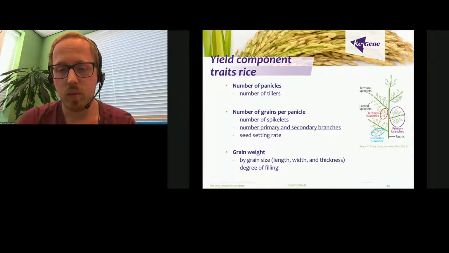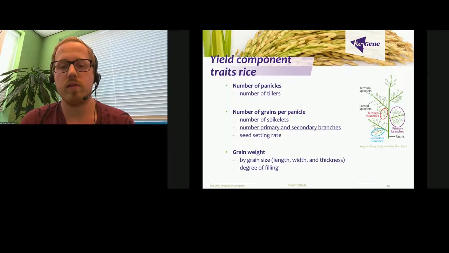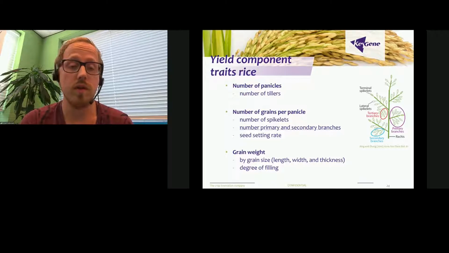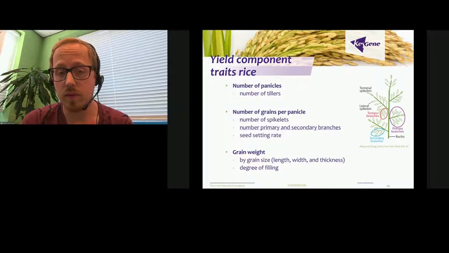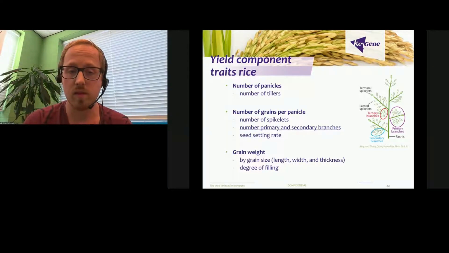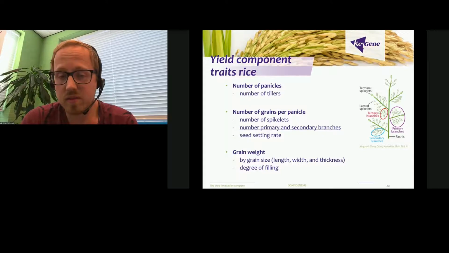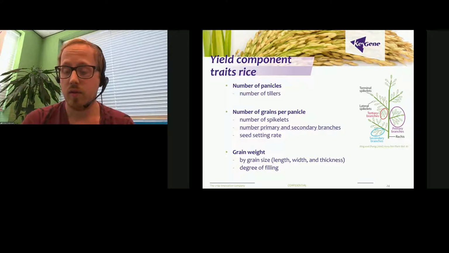In this case, we'll be looking at rice, and a very important phenotype of rice is, of course, yield. Especially the number of panicles and the number of grains per panicle that a certain plant can carry heavily influences the yield you will get out of this specific rice plant.